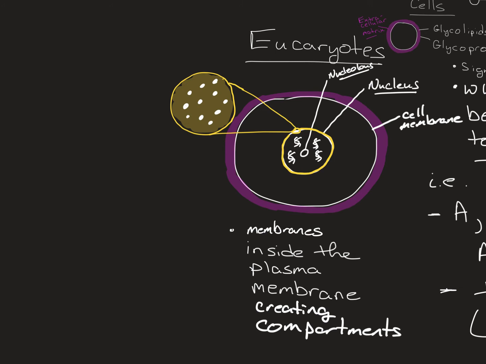If you don't mind, I'm going to undo that, and I'm going to draw it over here. And nuclear pores allow, bless you, stuff in and out of the nucleus.